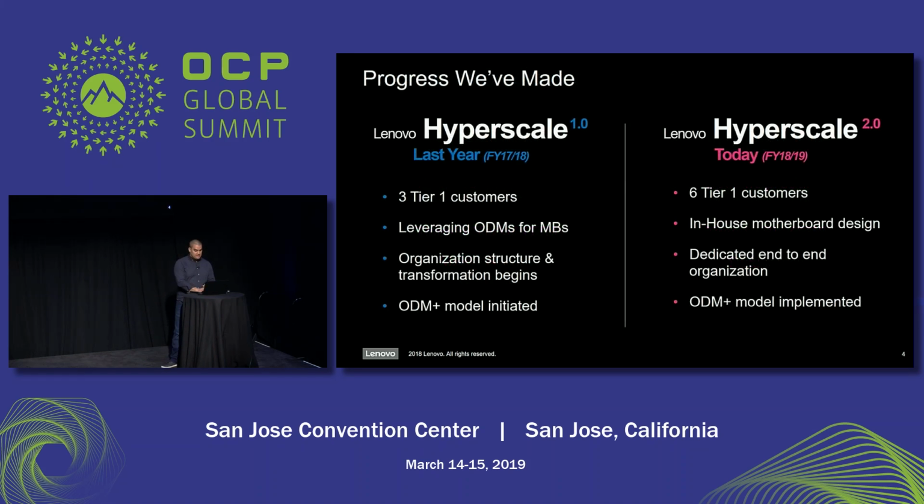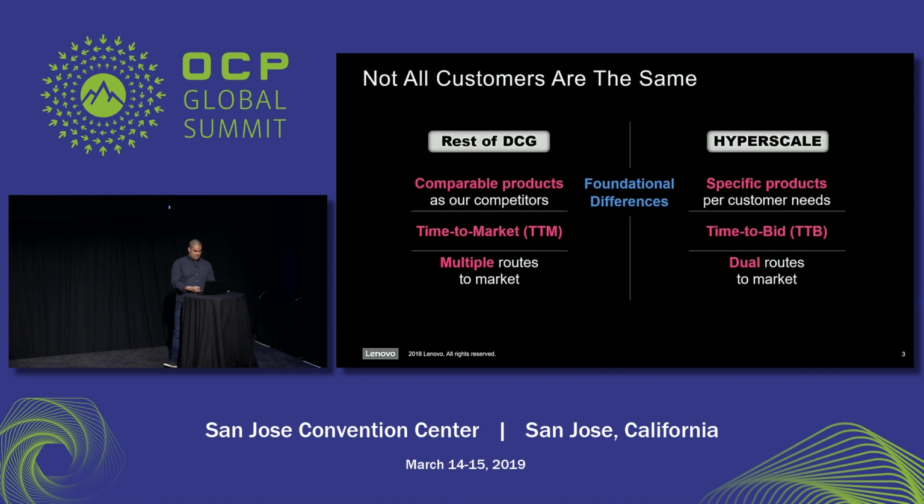Now, contrast that with hyperscale. The difference is we meet specific product needs for each customer segment. So it's really a purpose-built model versus designing to a bell curve. And the timing really is time to bid, right?